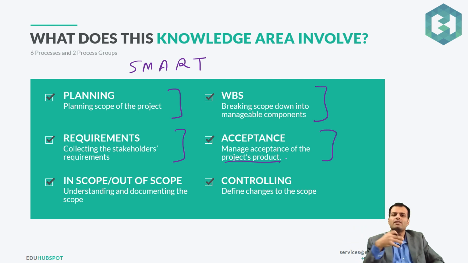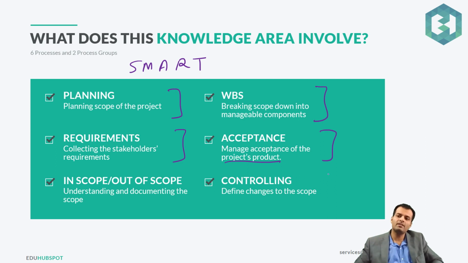And if they did, then it's my job as a customer to give you the sign off on that. So that's why we say that the acceptance of the product happens in this particular knowledge area. Why? Because we are checking it against the scope and making sure that you did a good job.